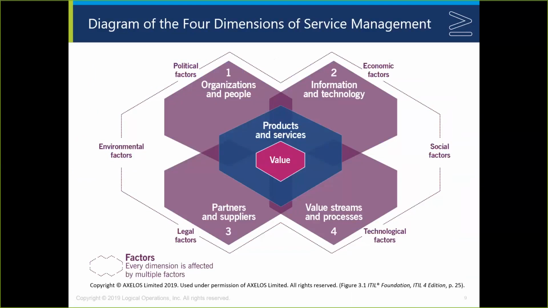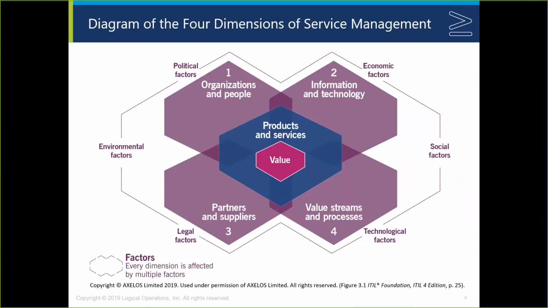And so in order to kind of reinforce this idea, in ITIL 4, they introduce this idea of the four dimensions. In other words, when I consider work and how we create value for customers or work together with them to co-create value, we need to consider all the different dimensions that affect this, right? We need to consider how we produce value streams and processes, yes, but we also need to consider our organizations and people.